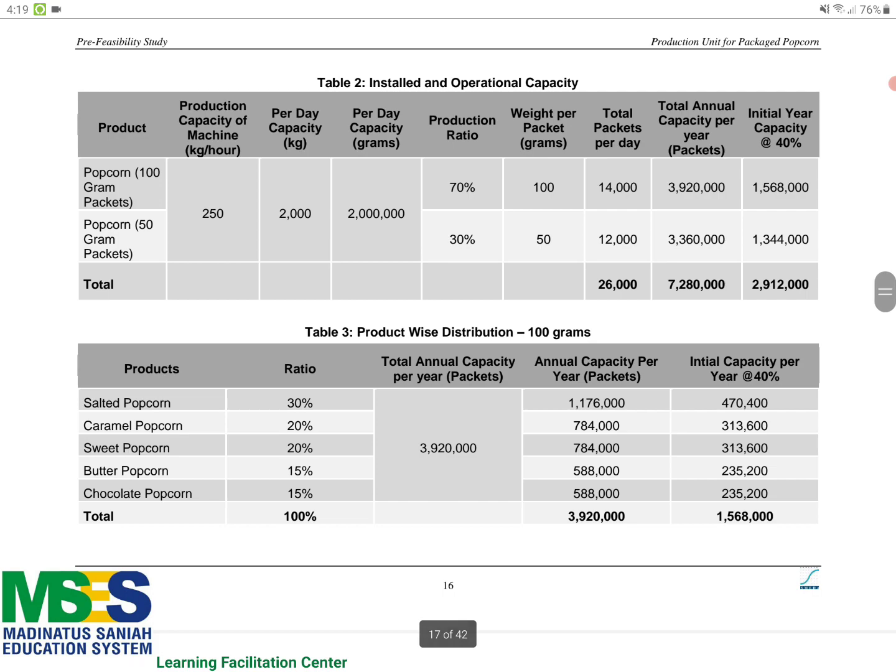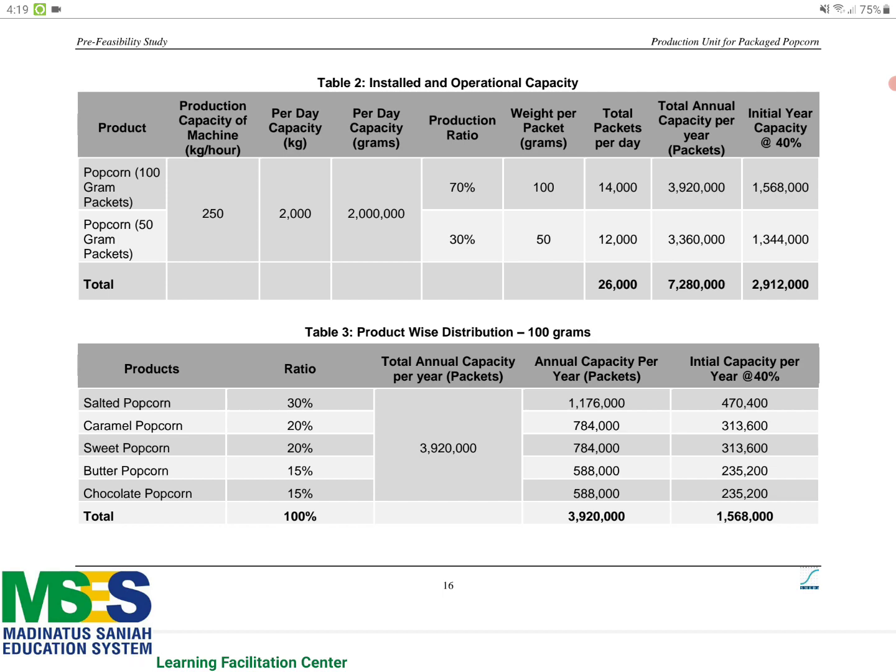Okay, 100-gram packets and 50-gram packets. What is the capacity of the machine? How many kg per hour? 250 kg per hour. Then per day capacity, 2000.